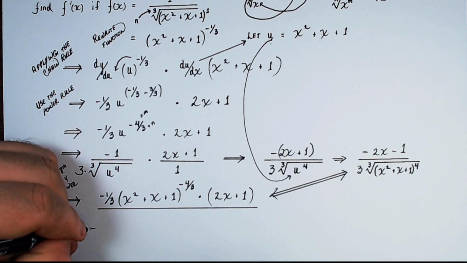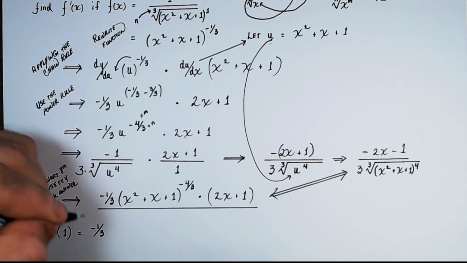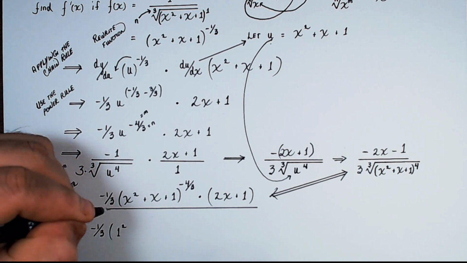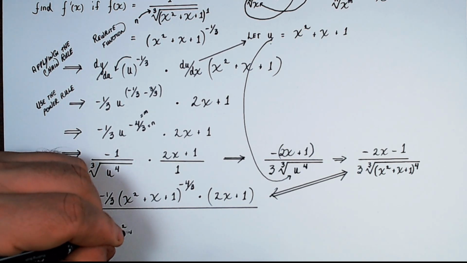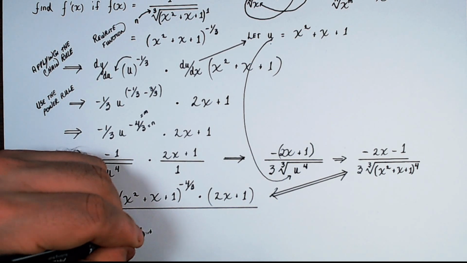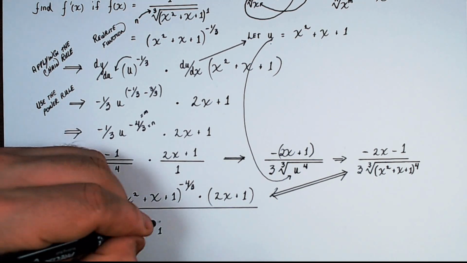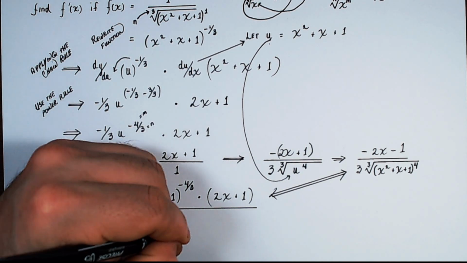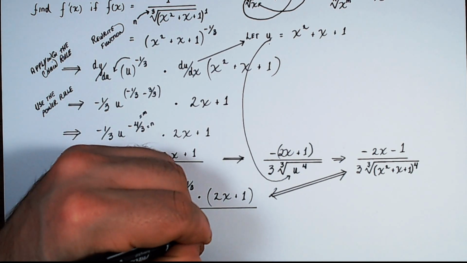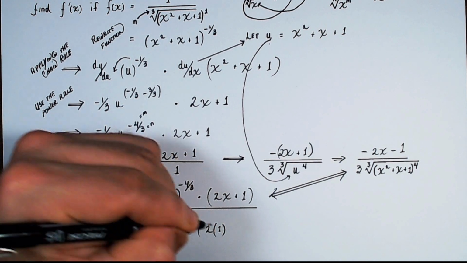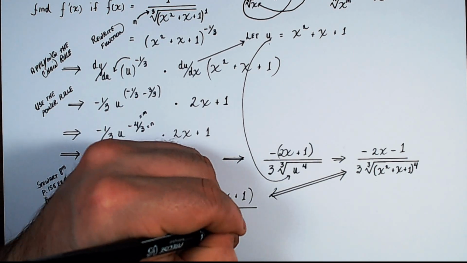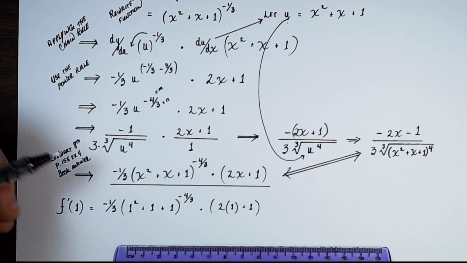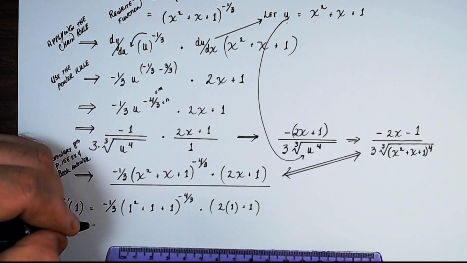That's negative 1/3 times 1 squared, open paren 1 squared plus 1 plus 1, close paren, raised to the negative 4/3, multiplied by 2 times 1 plus 1. So we really don't know if this is differentiable or if 1 will evaluate to anything here. Let's see what we get.